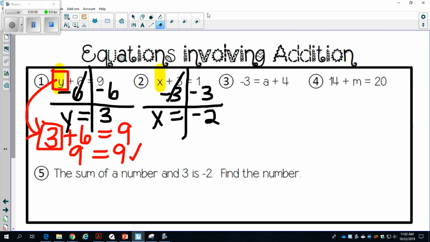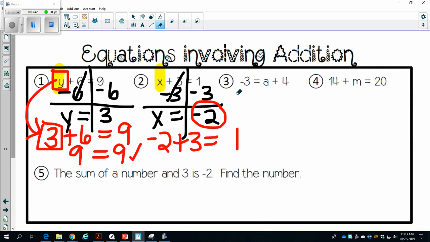So again, just like the last example, I'm going to go through and check it. I found that x was equal to negative 2, so I'm going to simply put negative 2 into the equation. Negative 2 plus 3 is equal to negative 1. And not negative 1. The original equation, remember, has positive 1.